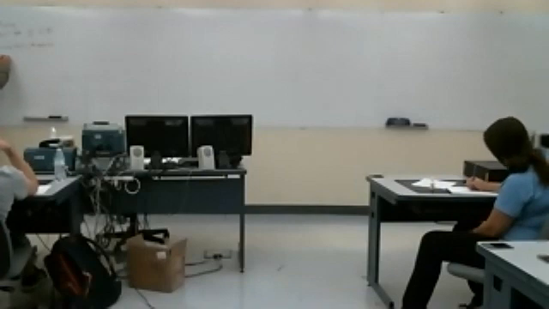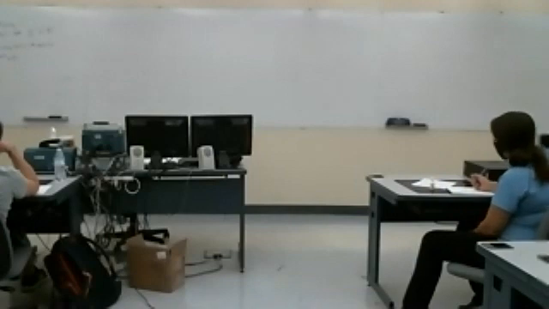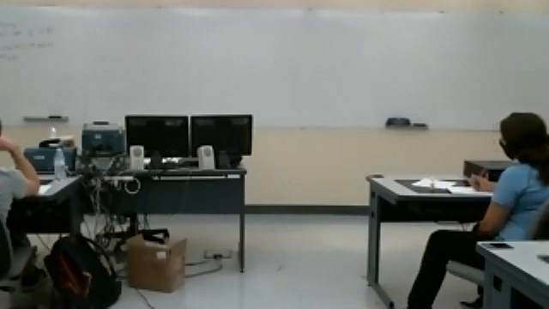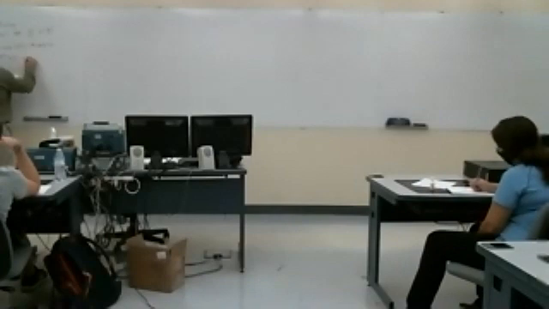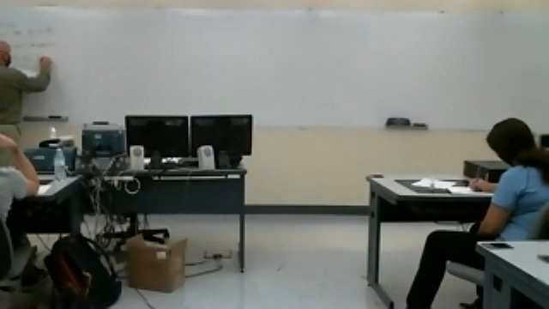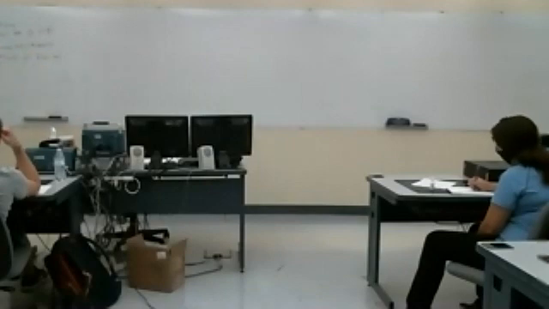This is probably the most fundamental property of communication systems. Here I'll show it, multiplying by a complex exponential. What it does is it shifts the transform in the frequency domain.